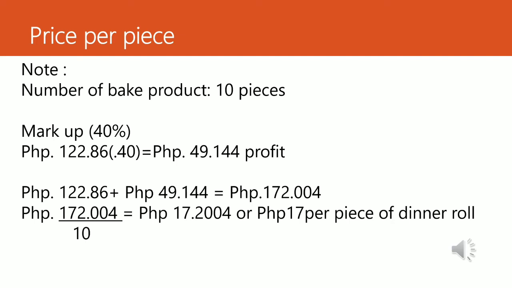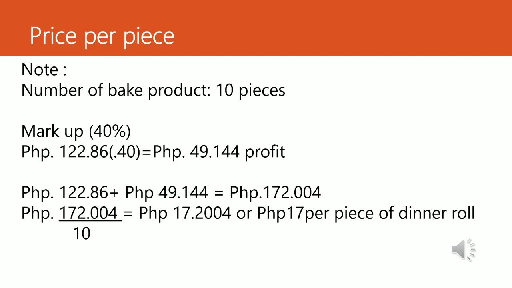So we're going to add the capital plus the markup. 122.86 pesos capital plus 49.144 pesos markup is equal to 172.004. 172.004 is the collected money if all the 10 pieces of dinner roll will be sold.